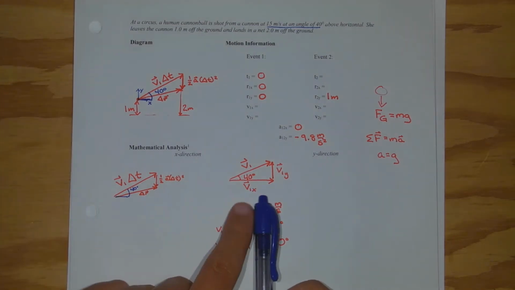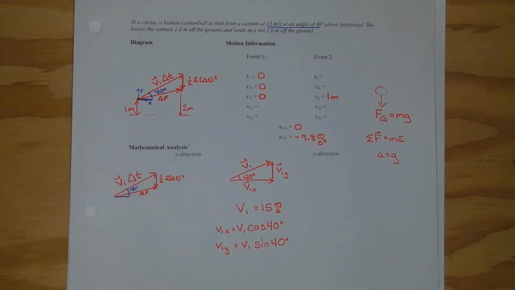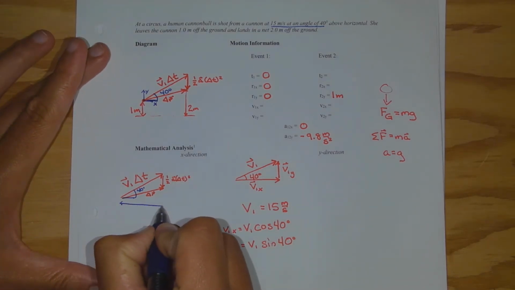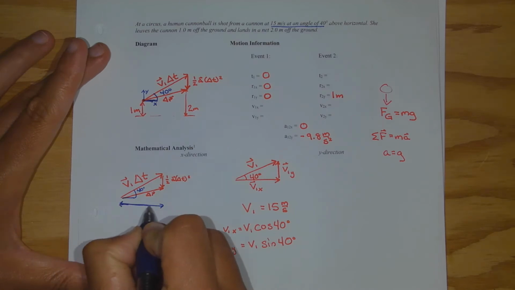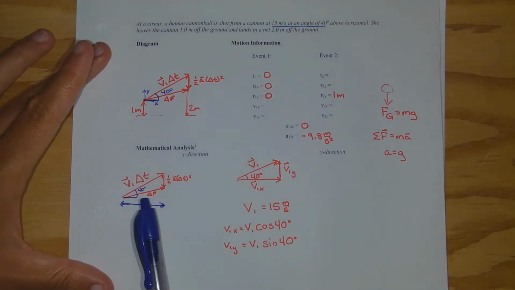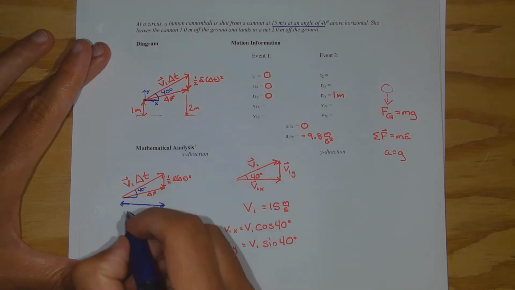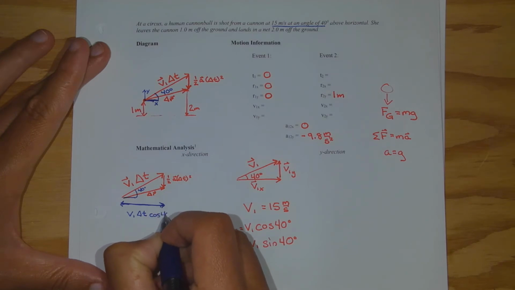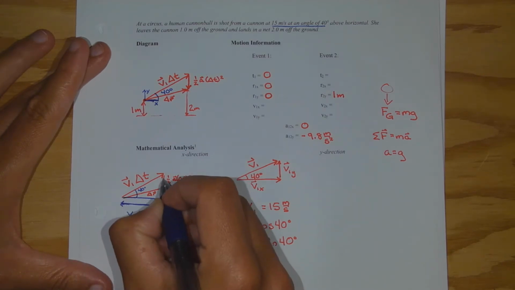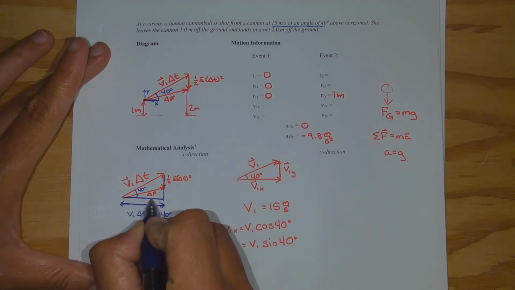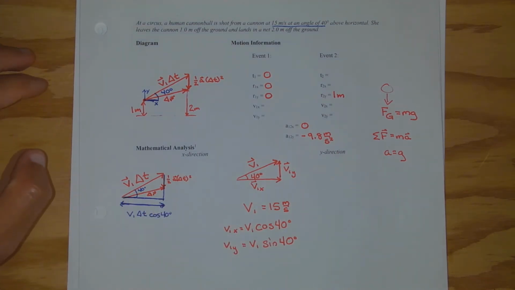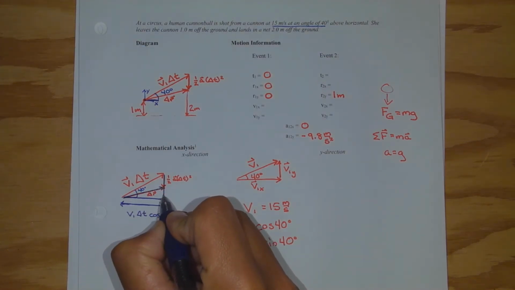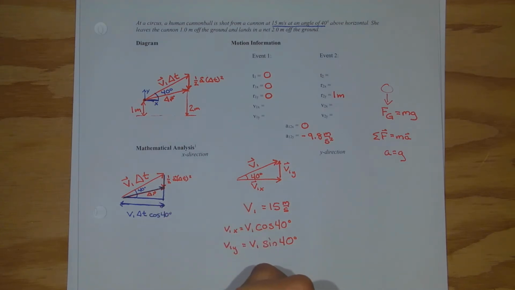Now we saw how to find the x component of the velocity. Now we're going to do something similar to get this distance. That's going to be the x component of v1 times delta t. So this is v1 times delta t times cosine of 40 degrees. If you make a right triangle here, that would be this side of the right triangle. But you have another right triangle like this, where the hypotenuse is delta r.